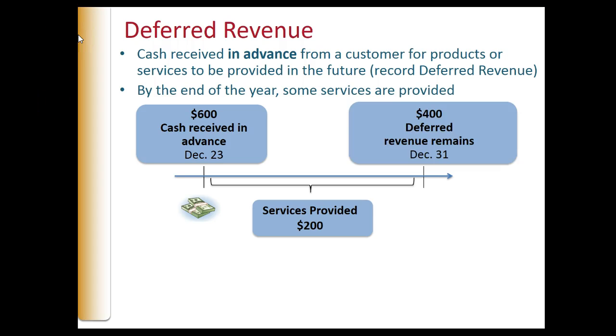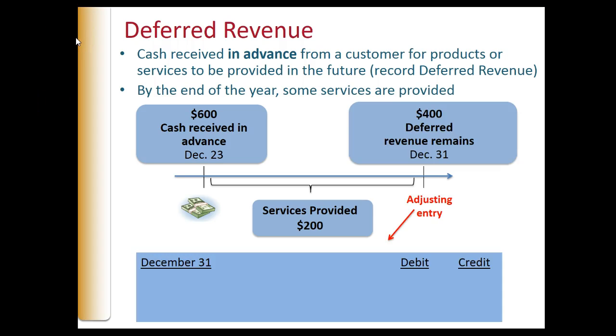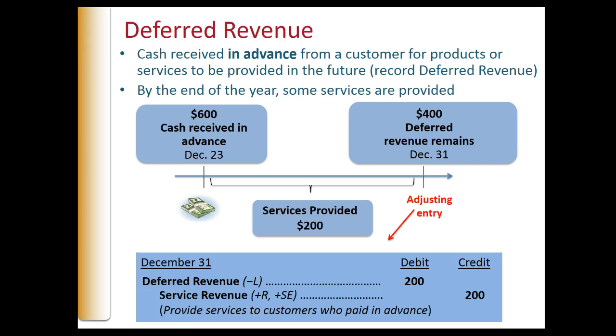We debit deferred revenue and we credit service revenue for $200. The debit to deferred revenue reduces its balance now to $400, which is the amount of services we still owe the customers. The credit to service revenue records that the services have now been provided to the customer.